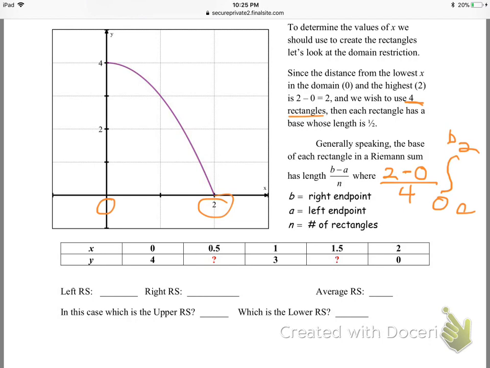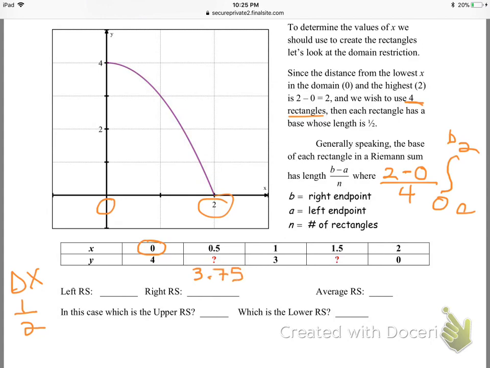So if I need to go up by 1/2, I'm going to go into my second table set and I'm going to start at 0, and my delta x, in this case, will be 1/2. Then go to second table, and you'll be able to fill in the rest of this table because your table should look like this table. So where I have this question mark, you should see 3.75.